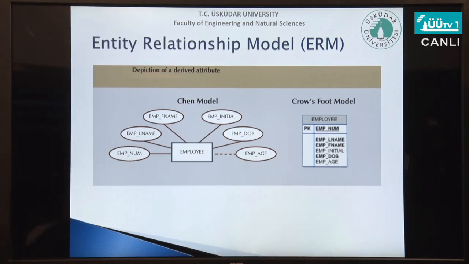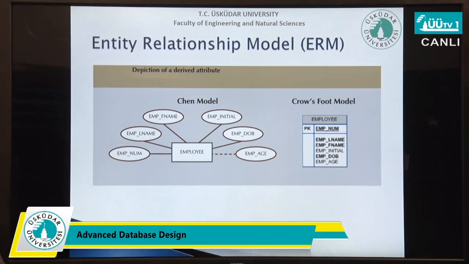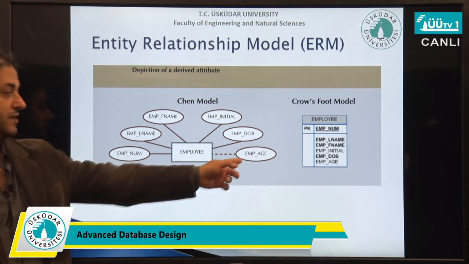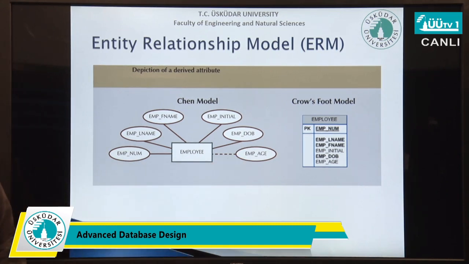Now, things related to derived attributes. Derived attributes means something that is an attribute that can be calculated from an existing attribute. For example, the age. Today's date, subtracted from your date of birth, gives you your age.